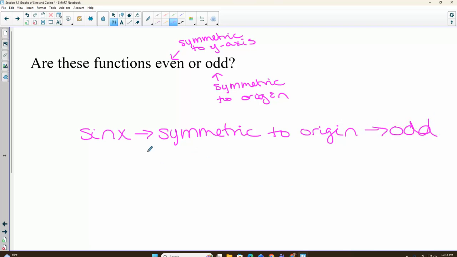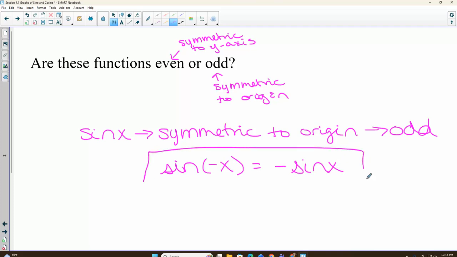The important piece there, the definition of odd says if you have sine of a negative angle, you get the opposite of sine. So because sine is odd, if you have a negative on your angle, you can essentially factor that out using the properties of odd functions.